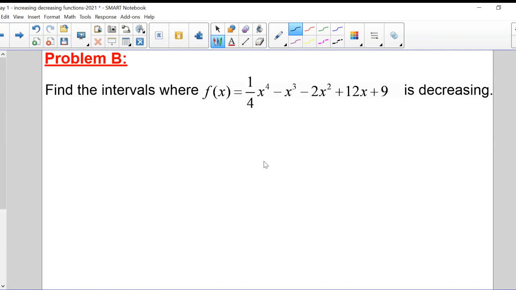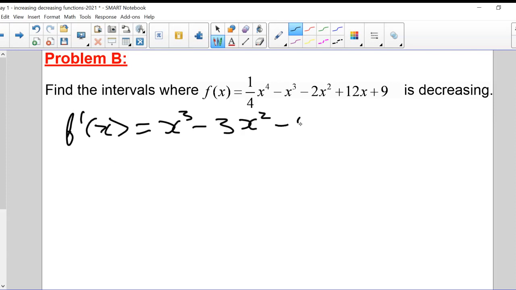We have to find f prime of x, and that's equal to x cubed minus 3x squared minus 4x plus 12. That is my derivative. Okay, this isn't a quadratic though. So how do we do this one?